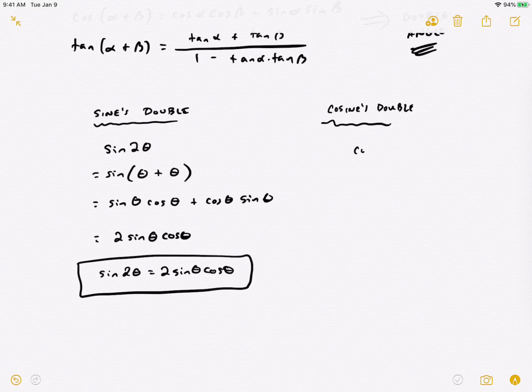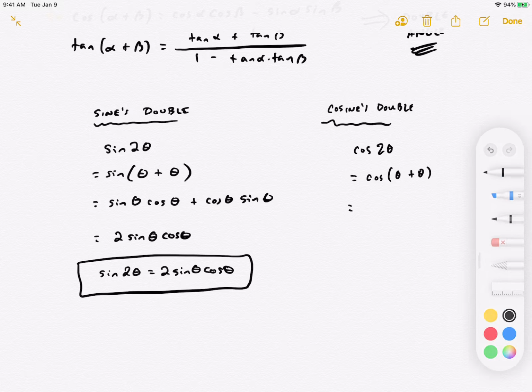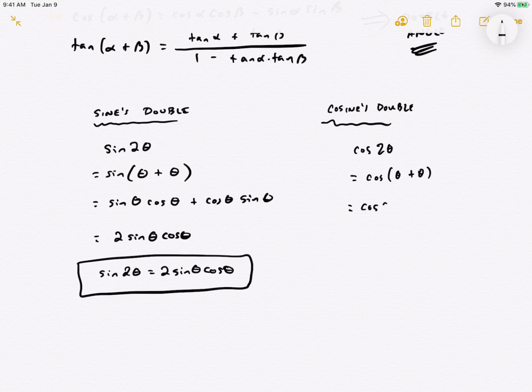So I start with cosine of 2 theta, and I rewrite it as cosine of theta plus theta, and I follow this time cosine's prescription right here, cosine alpha plus beta, and when I do that, I get cosine of the first angle times cosine of the second angle minus sine of the first angle times sine of the second, which of course is equal to cosine squared minus sine squared, not to be confused with cosine squared plus sine squared, which is always equal to 1.